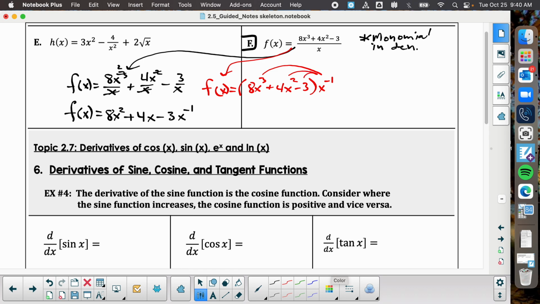When you multiply two variables together, you add their powers. So this first one would be 8x to the 3 plus negative 1, then 4x to the 2 plus negative 1, and then 3 times x to the negative 1.